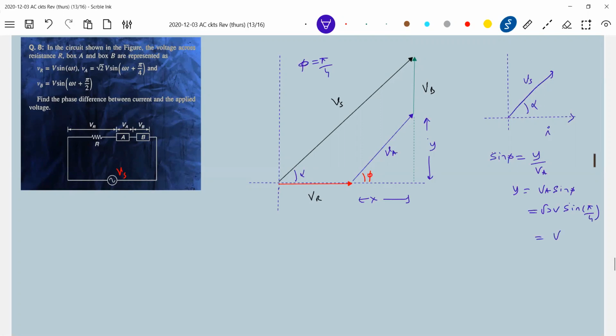Y will be V. If Y is V, then X also will be V. So now the triangle, I can construct it this way. This will be VR plus V. This will be VB plus V. What is tan alpha? VB plus V over VR plus V. What is VB? It will be V.